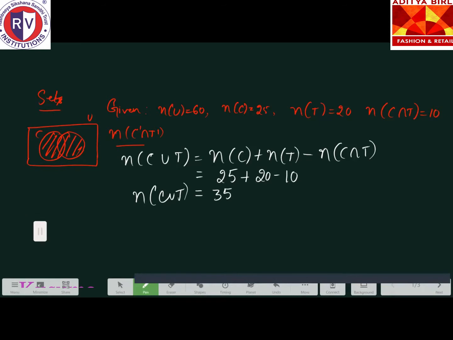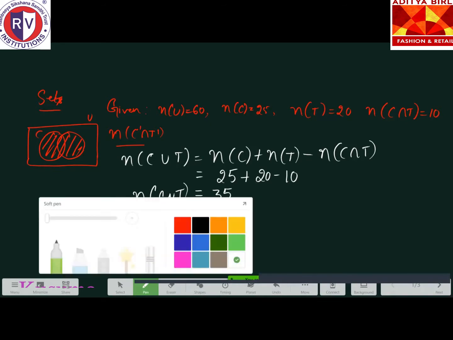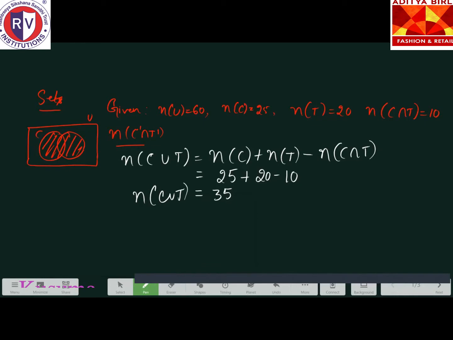Now we have to find N of C dash intersection T dash. This is nothing but N of C union T whole dash, because C union T whole dash is given by C dash intersection T dash.